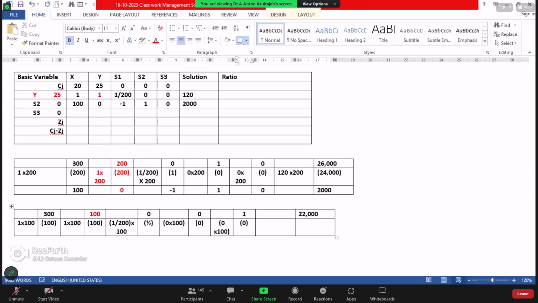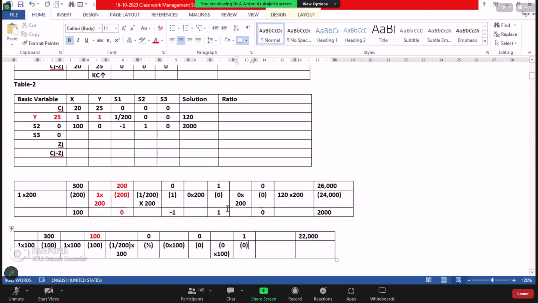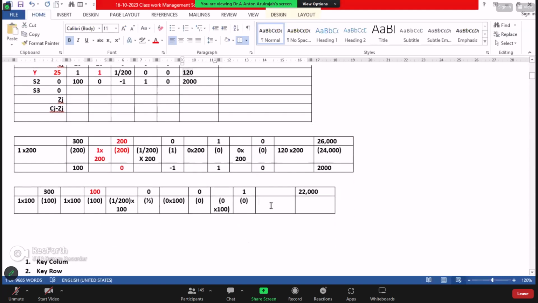You also have to do this carefully. This 120 has to be multiplied by 100. 120 multiplied by 100, that is about 12,000.